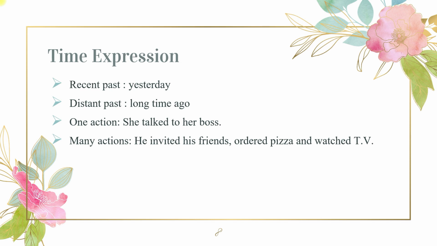We can express one action in one sentence, like she talked to her boss. Or we can say many actions of the past in one sentence, like he invited his friends, ordered pizza, and watched TV. Three actions are done in the past.